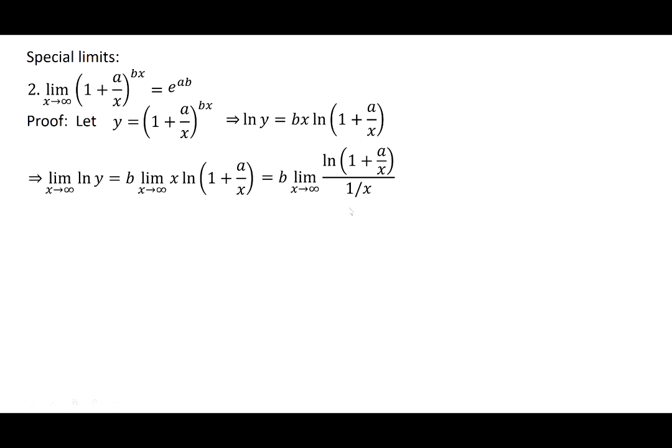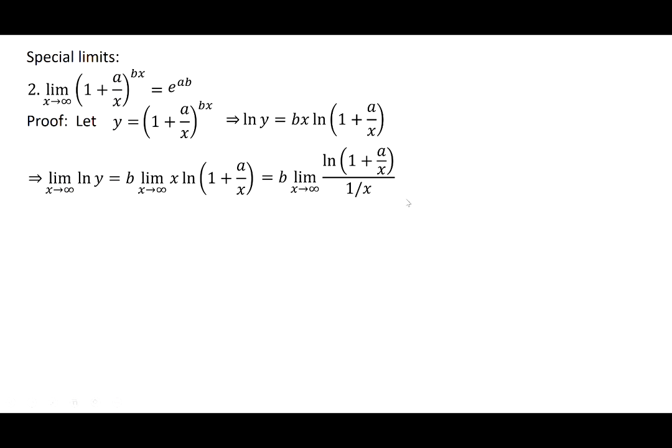So at this stage, we can apply L'Hopital, which means we will take the derivative of the top and the derivative of the bottom separately. We will not apply a quotient rule. Be careful about that. When you apply L'Hopital's rule, even though you have a quotient, do not apply the quotient rule. You need to find the derivative of the top and the derivative of the bottom separately.